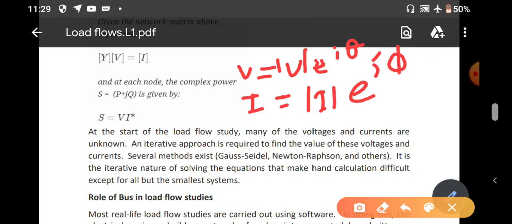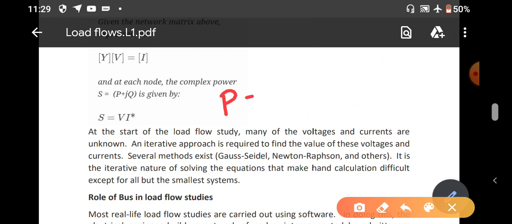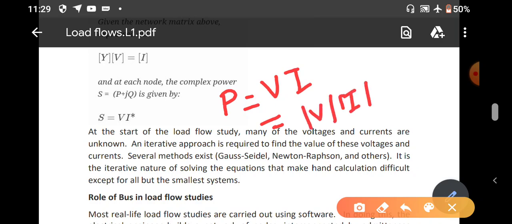So if you get the power P, then how will you calculate it? P is simply written as, if you are taking P equal to VI simply, then the power VI will be |V||I| e to the power j (theta plus phi).